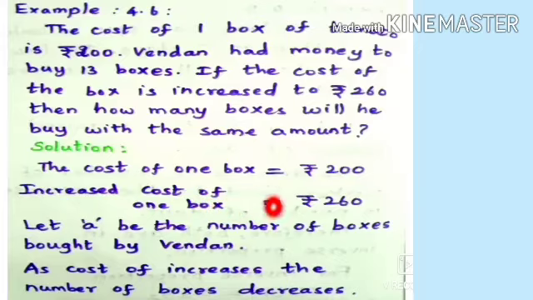Increased cost of one box is 260. Let A be the number of boxes bought by Vaindan. So here we need to find the value of A. As cost of boxes increases, the number of boxes decreases.